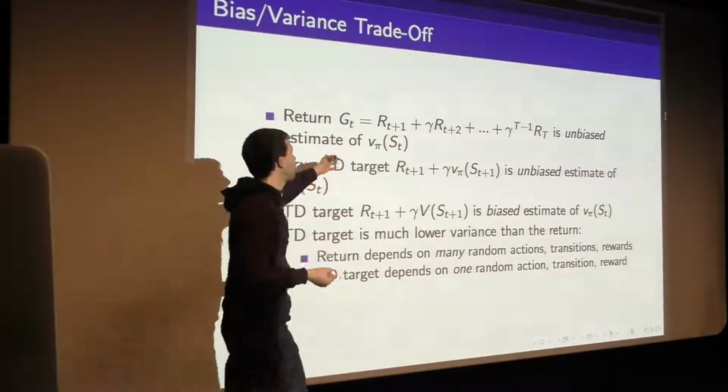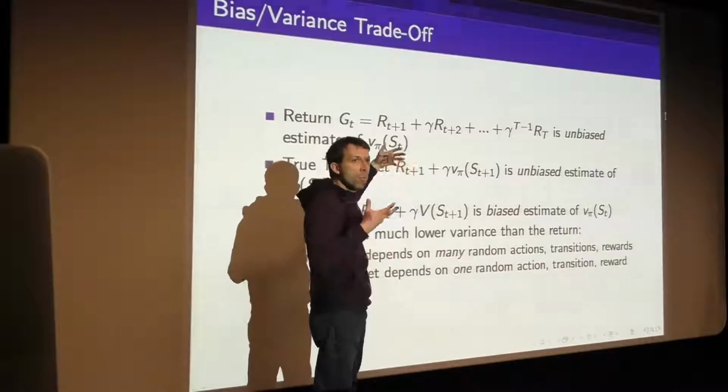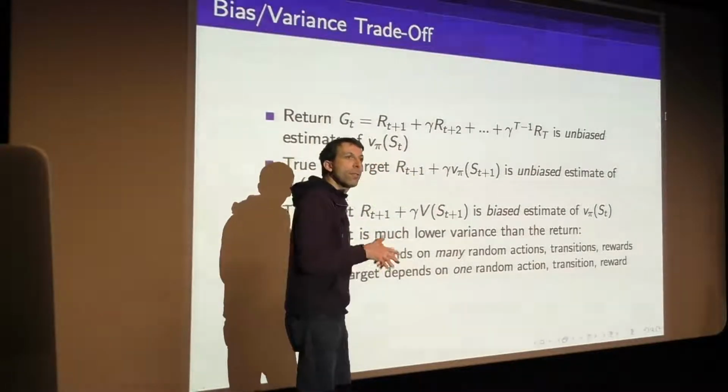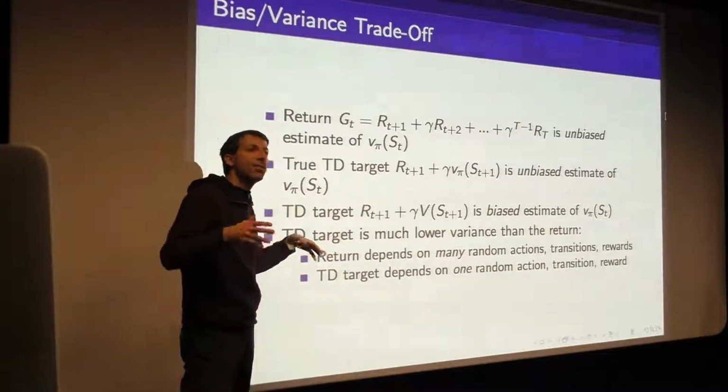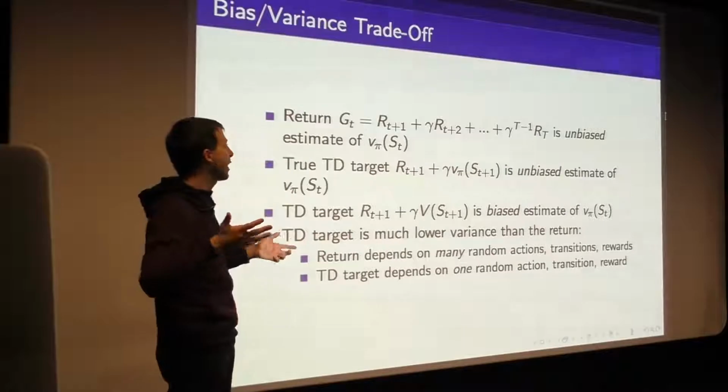The definition of value is the expected return, so that's what we mean by unbiased: this is just a sample of this expectation. If we update towards the return, we're not introducing any bias. The law of large numbers will take effect. We'll really find the true value function.